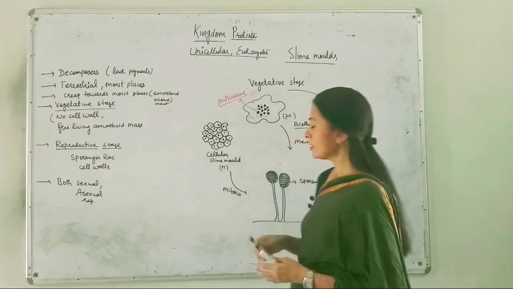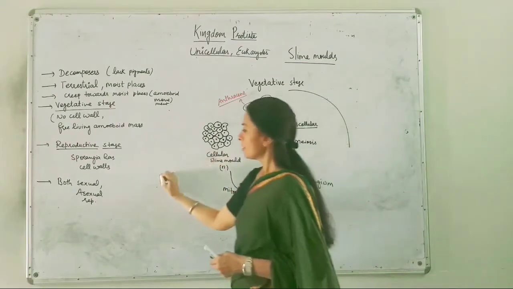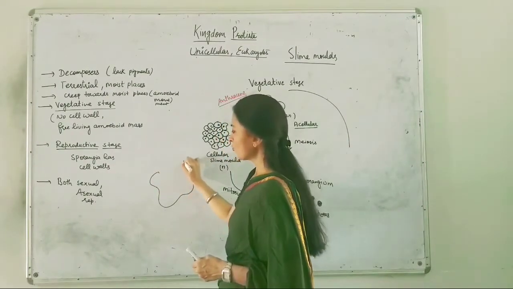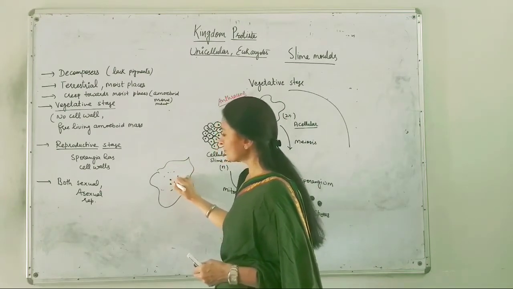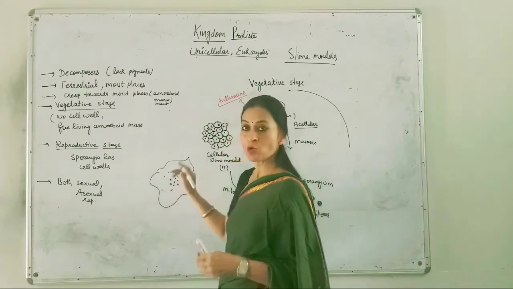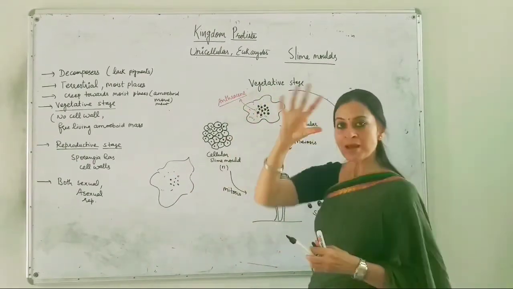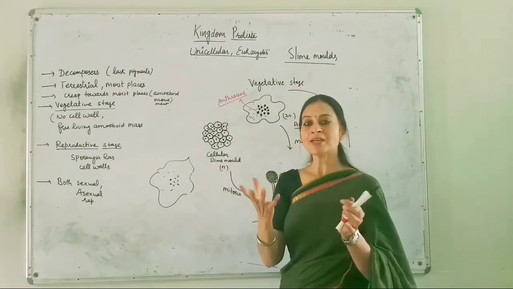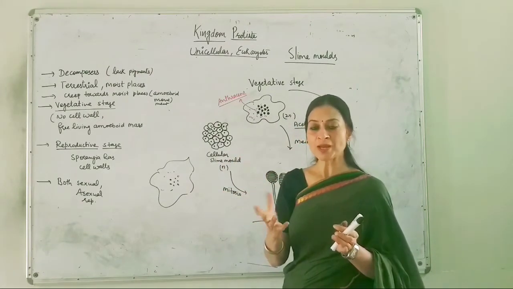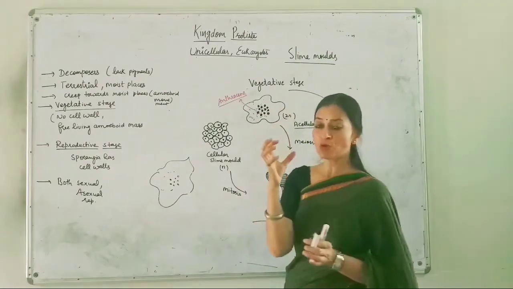You can see that here it is a large mass of protoplasm, and a number of nuclei are located in the center of this protoplasm. This is amoeba-like. It is not an amoeba, but it is an amoeba-like large mass of protoplasm without any regular shape, and it has a number of nuclei.